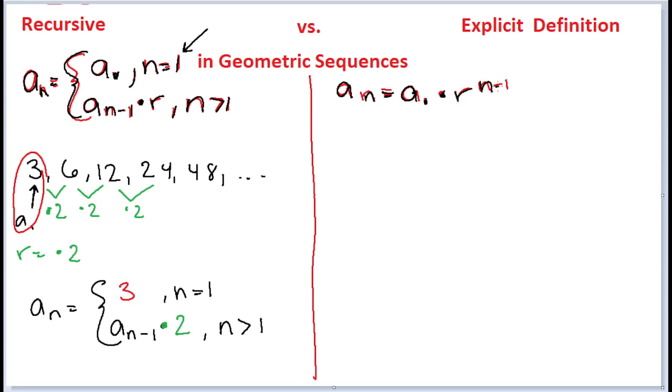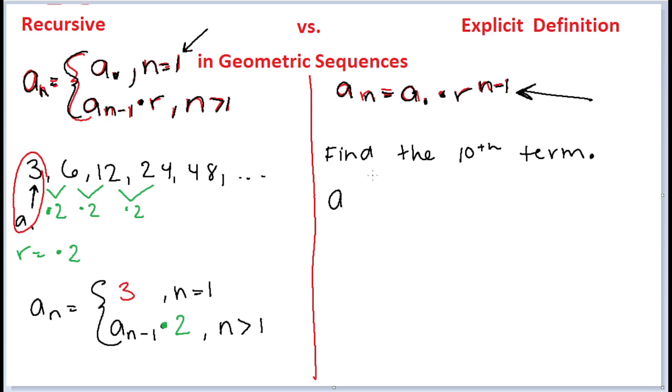So if I said I want to find the 10th term of this sequence that I showed in the recursive, I'm going to be using this formula because I'm not going to list out all 10 numbers and keep multiplying 2 each time when I can just use the explicit definition.